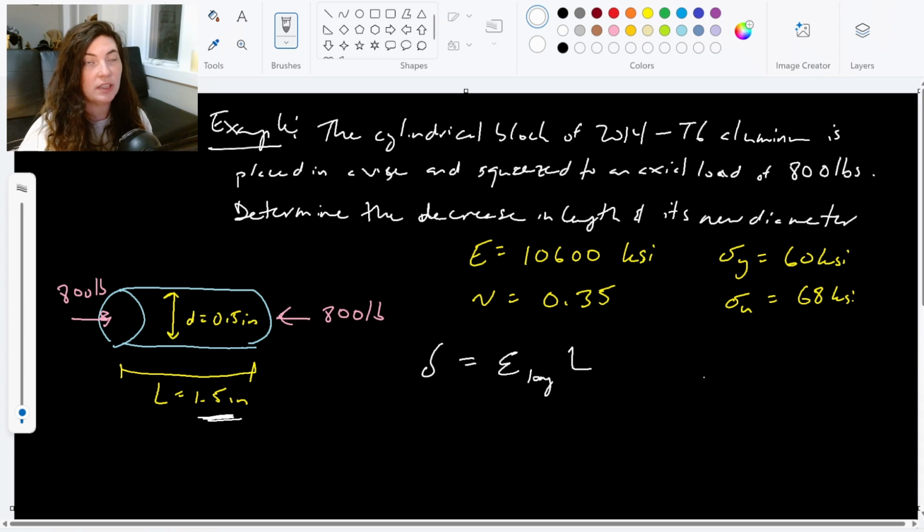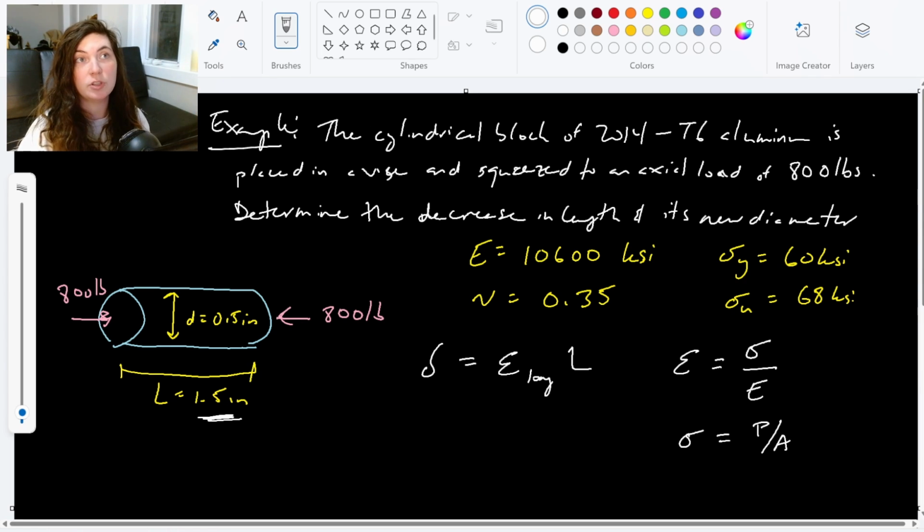So I can calculate stress if I want to, and I also know the modulus of elasticity, which relates my stress and strain. If I write this out, by Hooke's law my strain is related to stress: normal stress over modulus of elasticity, and my normal stress is the load over the area.